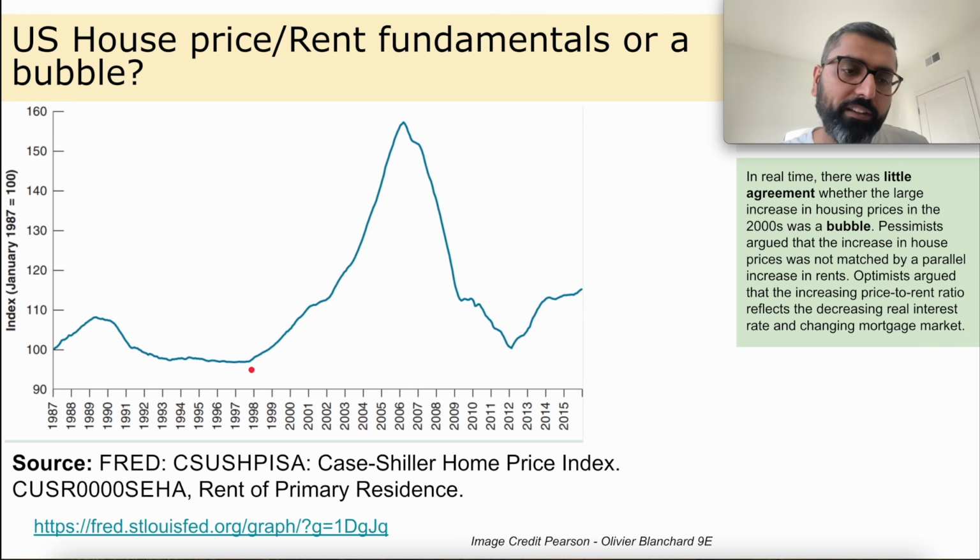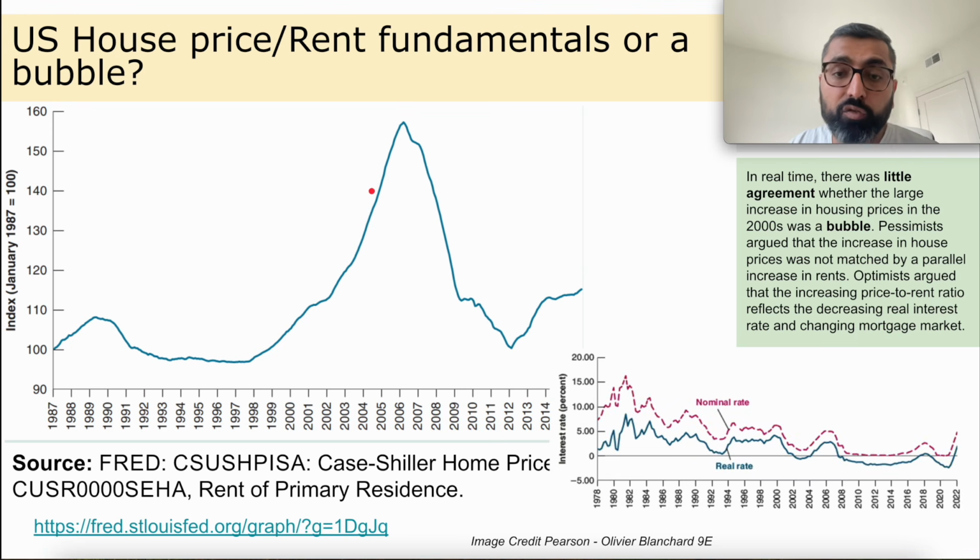But in a sense, when the prices were going up from 1997 to 2006, there was no real agreement as to why this is the case. There were some pessimists who were saying this is a bubble, and some optimists saying this is supported by a real fundamental decrease in real interest rate, as we saw over time, so the rents were much more valuable.